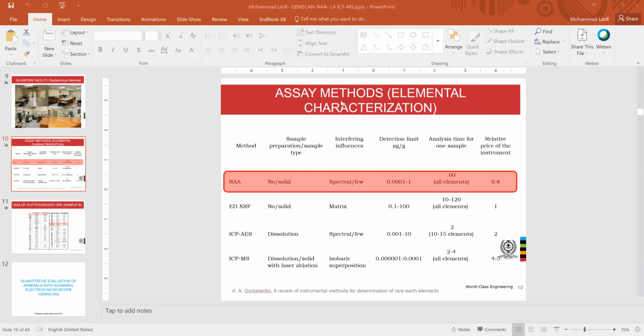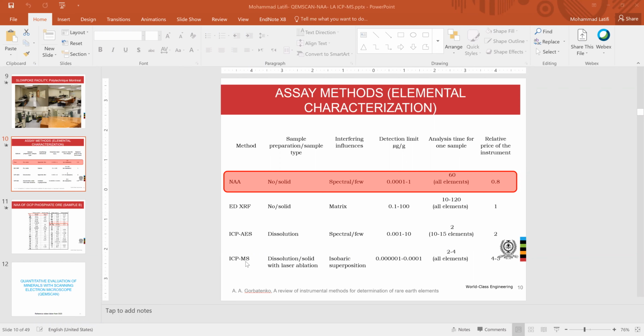In terms of assay methods, there is equipment like NAA or neutron activation analyzer, XRF or X-ray fluorescence, and inductively coupled plasma or ICP with different detectors such as AES and MS, mass spec. These methods have advantages and disadvantages.